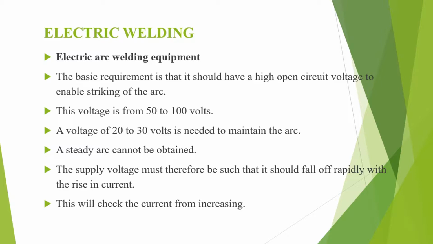The arc has a negative resistance characteristic, that is, the resistance of the arc decreases as the current increases. This in turn will increase the current further, so a steady arc cannot be obtained. The supply voltage must therefore be such that it falls off rapidly with the rise in current. This will check the current from increasing.